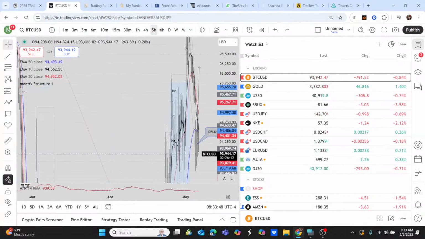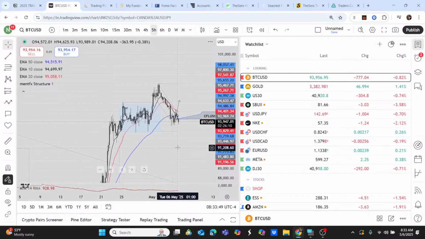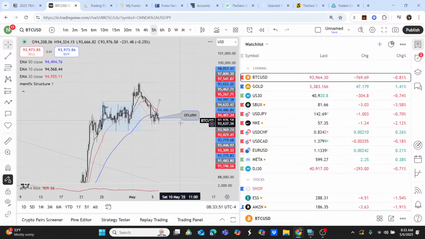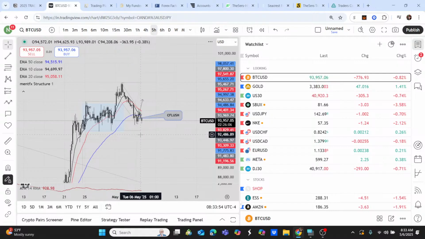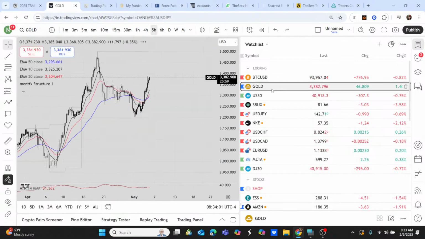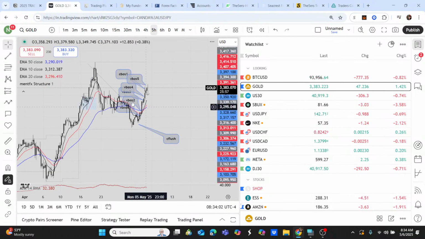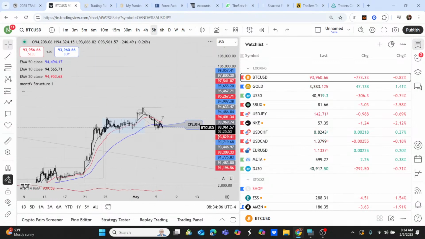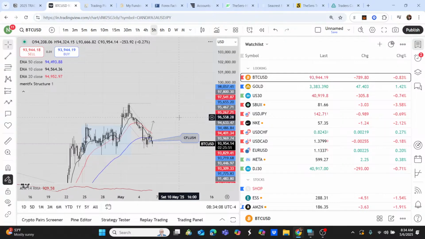Bitcoin, see what Bitcoin is doing. So Bitcoin right now, Bitcoin isn't ready for the lower time frames for entries. We had this huge flush on the context time frame, and I'm gonna be waiting for what gold was doing before. So we had this move down, move down. As you can see, it's the same type of process.